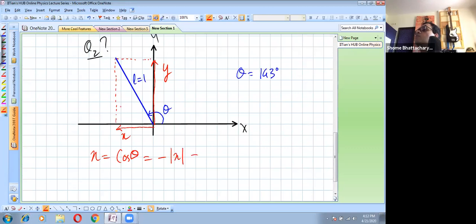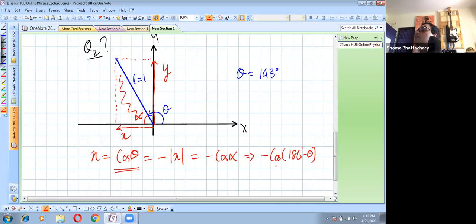And further, what was mod of x, we saw from this triangle. In this triangle, this angle here, if we label this as alpha, it is nothing but minus cos alpha. So that is how we get the formula, that it is minus cos of 180 minus theta. So this is a simple way to understand why the value of cos theta ultimately becomes minus of cos 180 minus theta, which is why cos of 143 degrees in fact becomes minus 4/5.